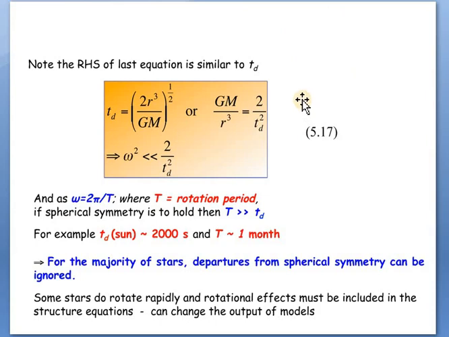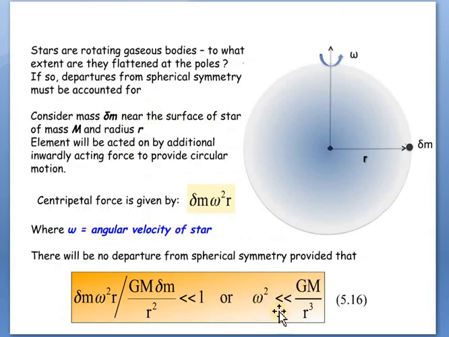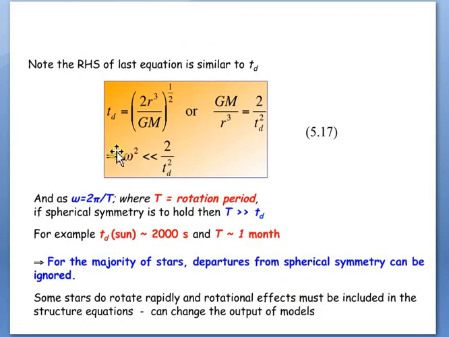Now g is the acceleration due to gravity, so you get t like this, the dynamical time scale. এটা যদি আমরা ইউজ করি, then this relationship, equation 5.16, turns out to be like this, okay? Now what is this? Omega is the angular velocity.